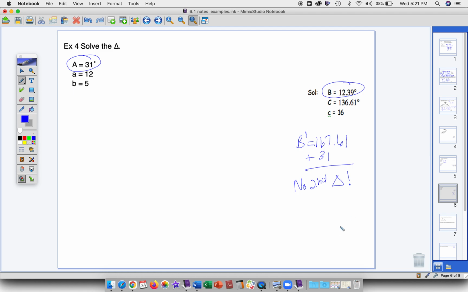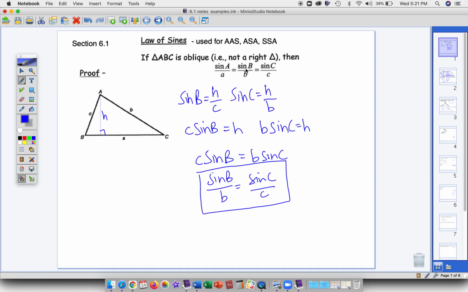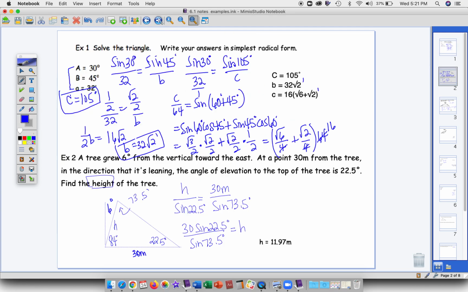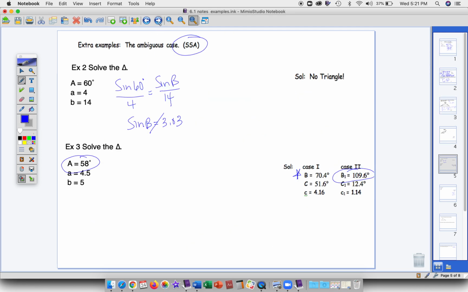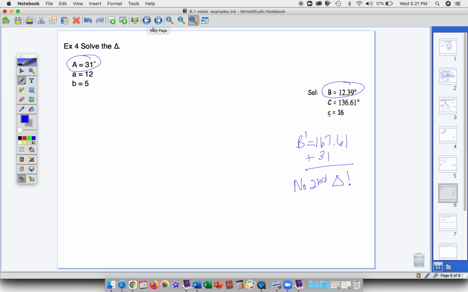Okay, if you look in the book, they do give you a chart how you can compare lengths, and to me it's a lot of memorizing. I don't do that. When I have the case of SSA, remember it's only SSA. If you go back to the original cases, AAS and ASA, you don't have that worry. It's only this guy, right, where we got to worry about the different possibilities. So when I have that case, I just remember that I have to think about the supplement.